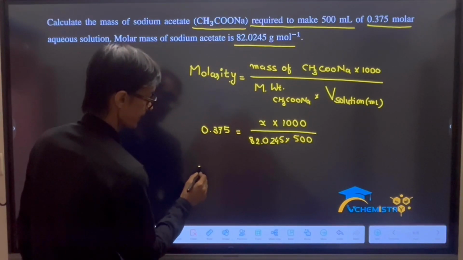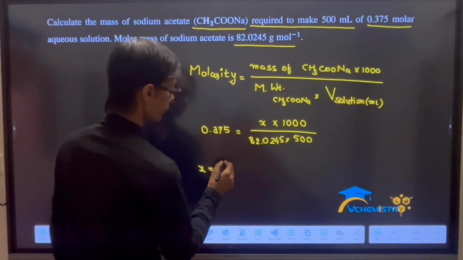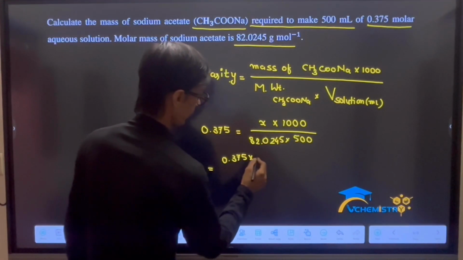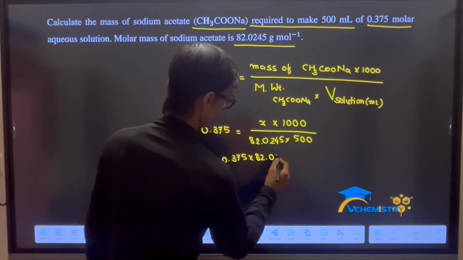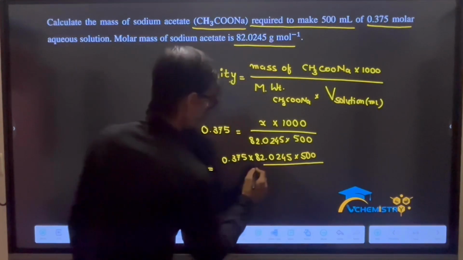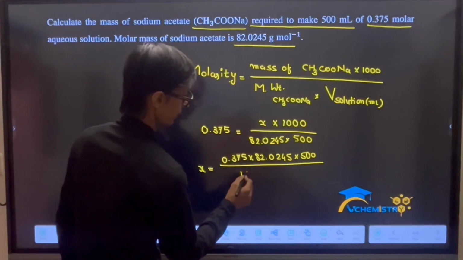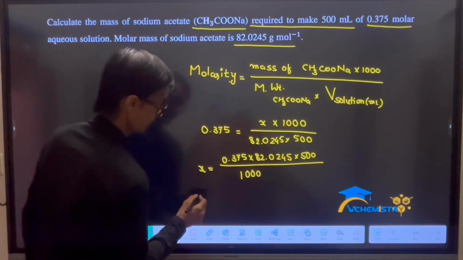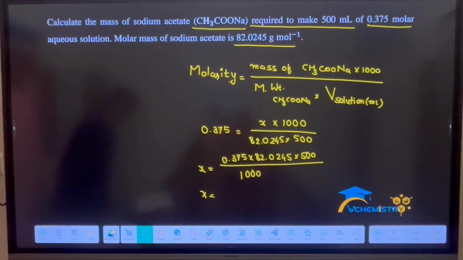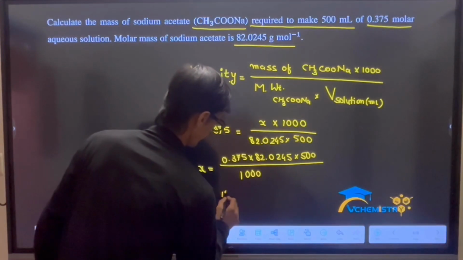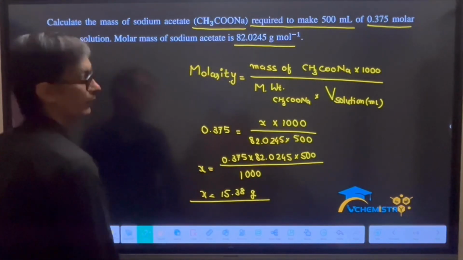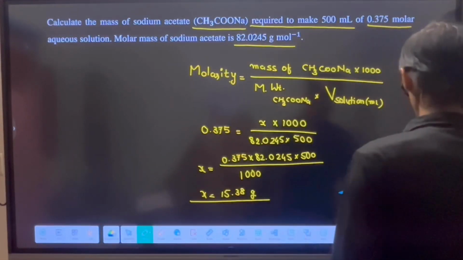So X is equal to 0.375 into 82.0245 into 500 divided by 1000. So the amount will be like 15.38 gram. Okay.